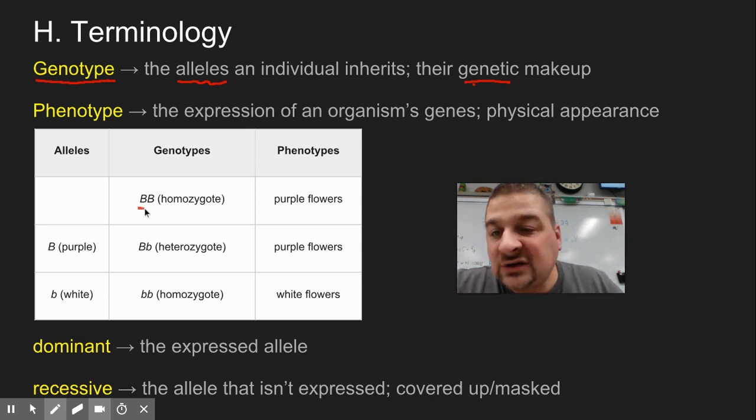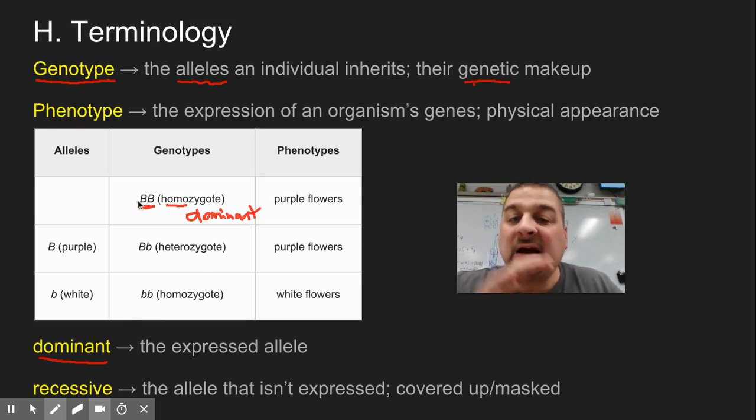For example, if they have two dominant alleles for purple flowers, here they're using capital B, we say that is homo, which means the same, homozygous dominant. Remember the dominant allele is the one that's going to be expressed. It can cover up or mask a recessive allele.